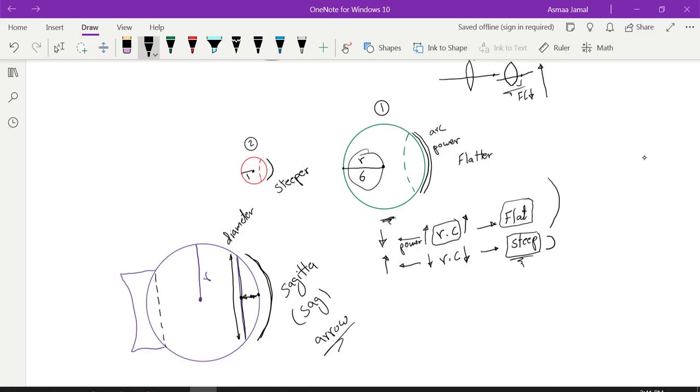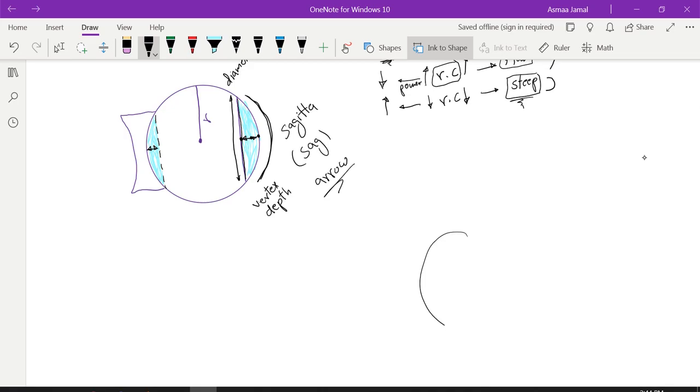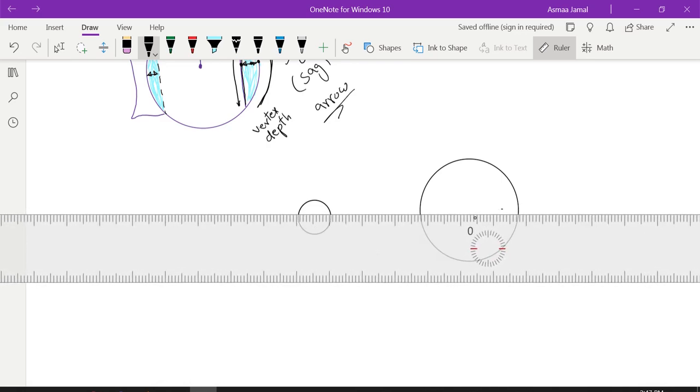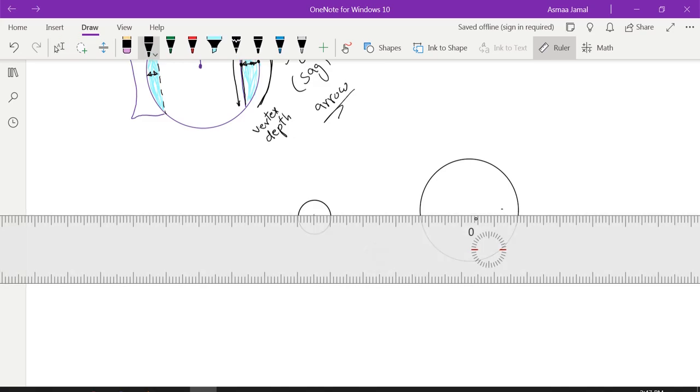The height or the depth of the concave and convex lens, which is sag, we also call the vertex depth. This is the sagitta area of these lenses, and this is the sagitta area or the sag for the concave lenses. Let's have a new circle. That's circle number 1 with flatter curvature, and that's circle number 2 with steeper curvature. Let's count half inch here, and the same for the smaller circle. Half inch here.